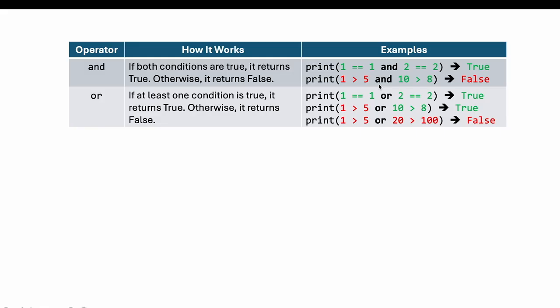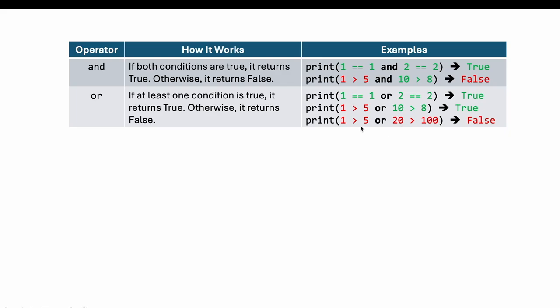For the OR, we said we need at least one condition to be true for the overall statement to be true. You can see some examples here. So that 1 equals 1 or 2 equals 2, at least one of those is true, so therefore the statement is true. 1 is not greater than 5, but 10 is greater than 8, so because at least one of those is true, that's going to return true. And then we've got 1 is greater than 5 or 20 is greater than 100.